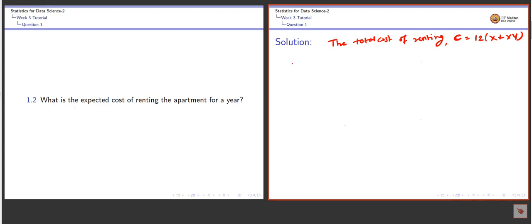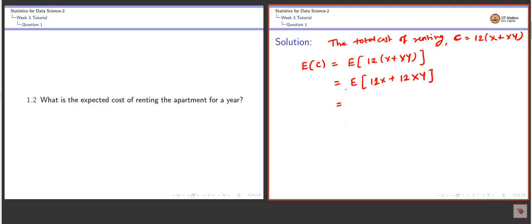So we need to find the expected cost of renting, which is nothing but the expectation of C, which can be written as the expectation of 12 times (x plus xy). By expanding this bracket, we can write 12 times x plus 12 times xy.